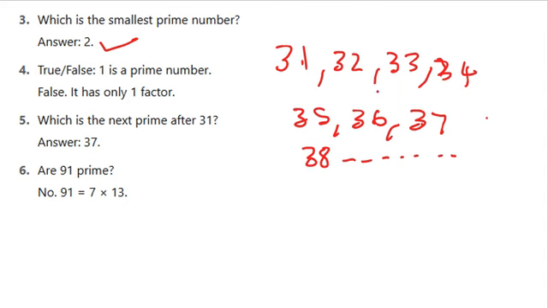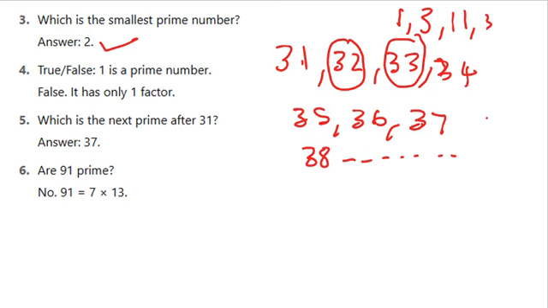you're going to see that 32 cannot be a prime number because it has more than two factors. 33 has factors 1, 3, 11, and 33, so it cannot be a prime number. 34 has more than two. 35 has more than two. 36 also.